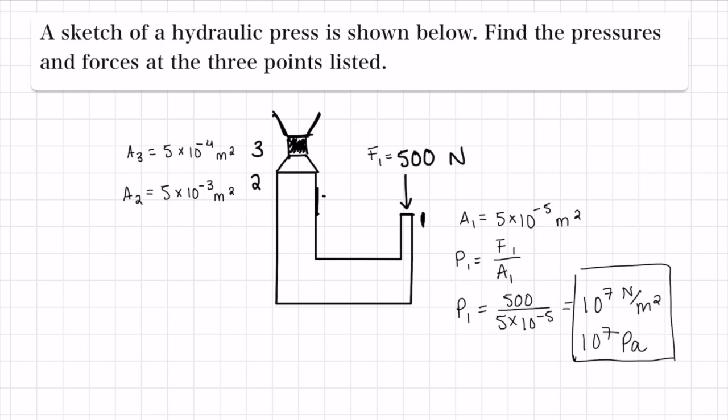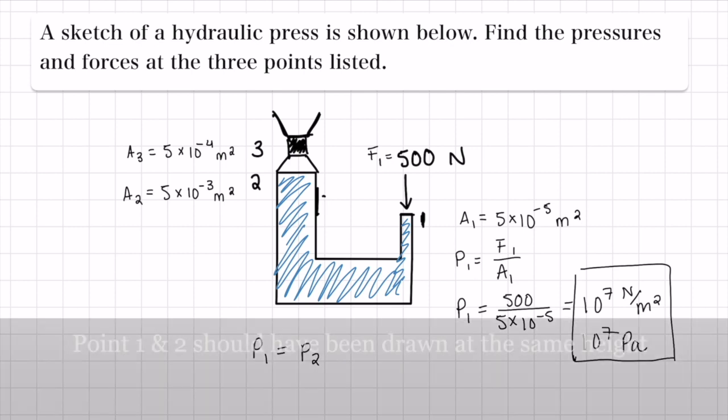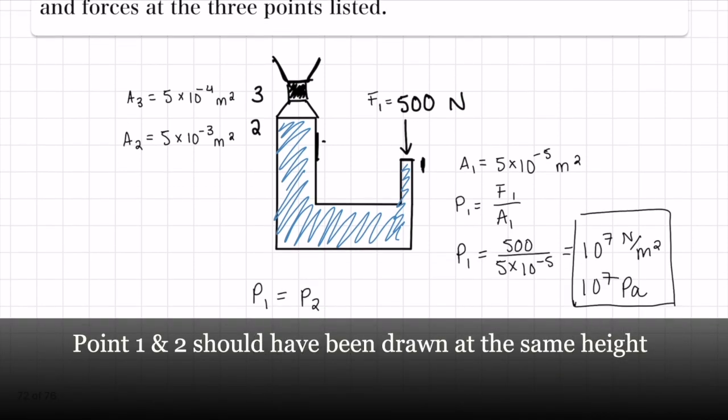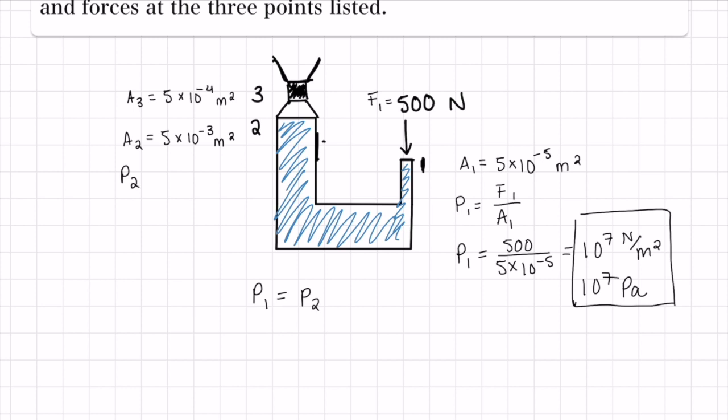Now, because this inner chamber is all supposed to be filled with fluid, which I'll actually color blue to make that a little bit more clear, the pressure at point 1 is going to be equal to the pressure at point 2. So P1 is going to be equal to P2. So then we can say P2 is also equal to that 10 to the 7 pascals.